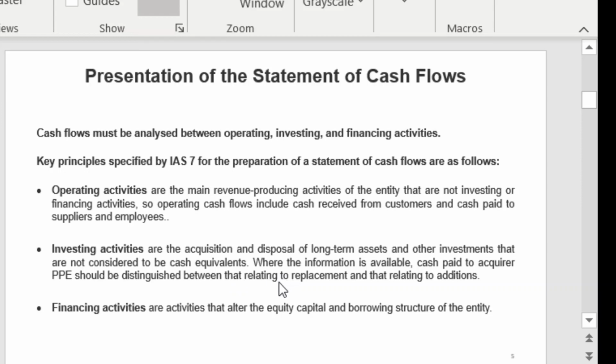And where information is available, cash paid to acquire property, plant, and equipment should be distinguished between that relating to replacement and that relating to additions. In other words, when you have assets that you have replaced and assets that you have acquired, when you prepare the cash flow from investing activities, you need to separate them.